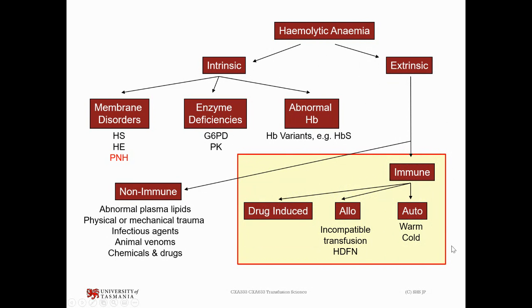We particularly looked at the autoimmune hemolytic anemias, and we looked a little bit at drug-induced. When we're looking in transfusion, I guess it's still all three that we need to consider, but particularly for today, we're looking more at the alloimmune and the autoimmune. But of course, there's a whole lecture on immune hemolytic anemias later on in the semester.